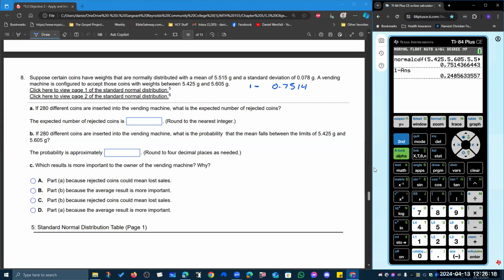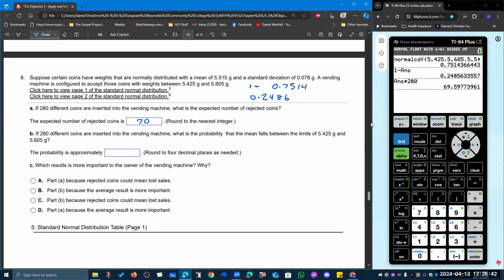So that's going to be 0.2486, and then I'm going to take that times 280, and round to the nearest integer, and I get that I expect 70 of the coins to be rejected.